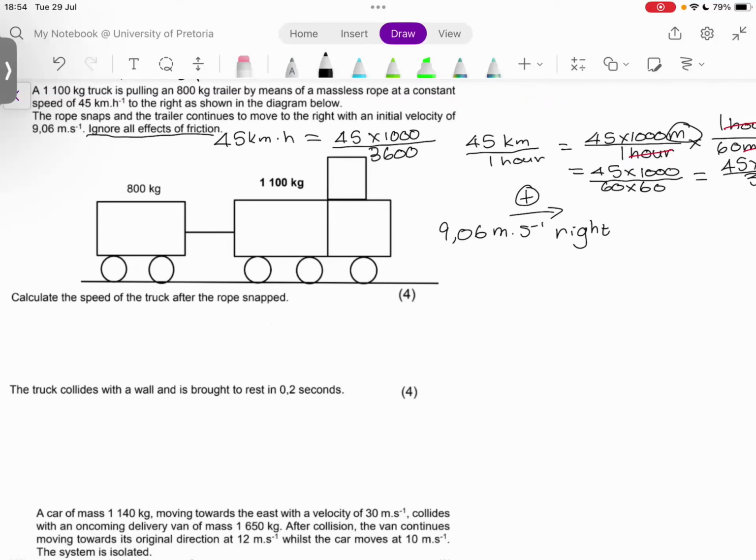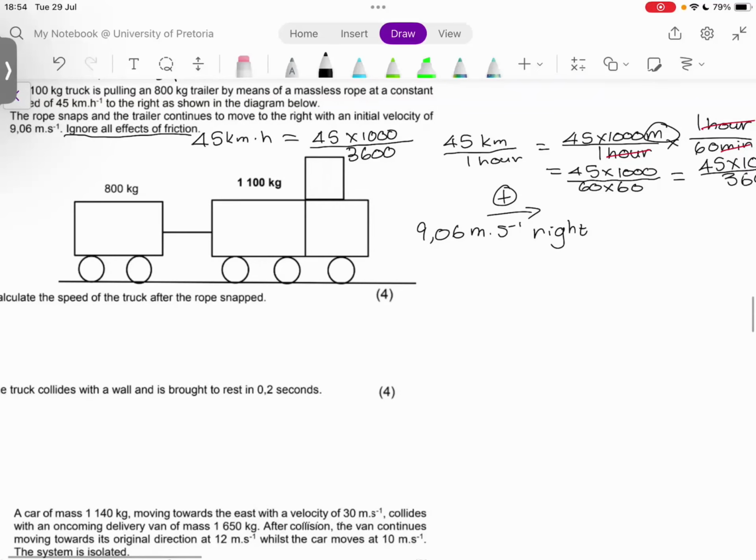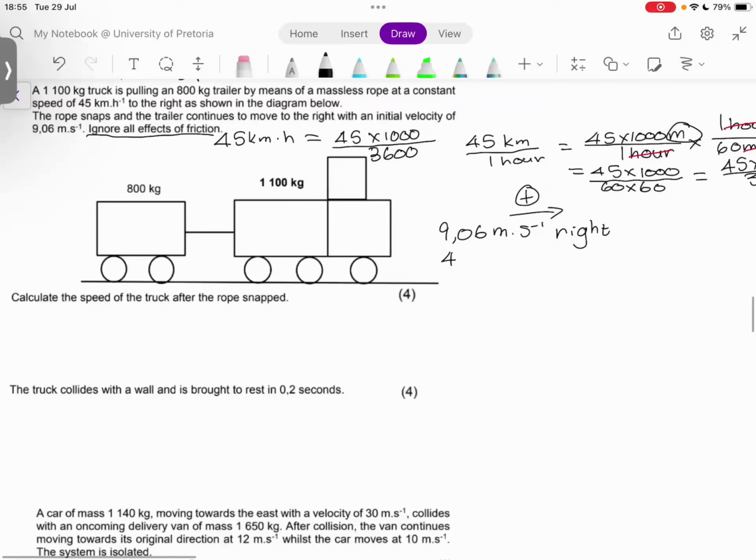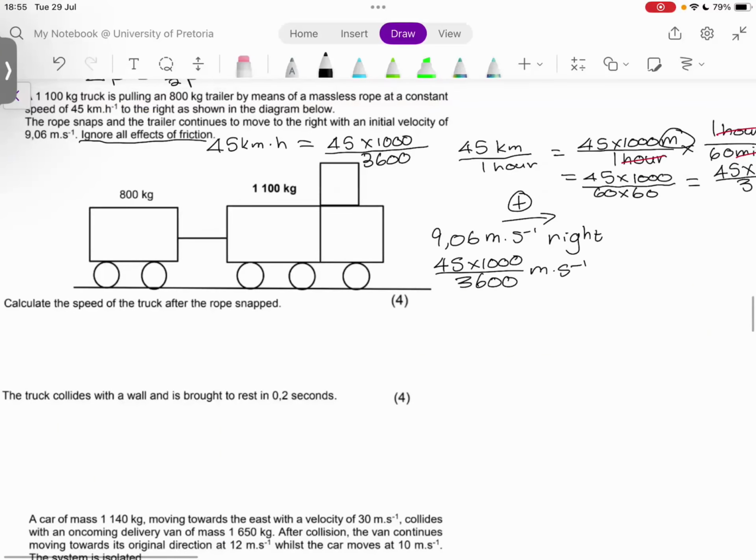And we have that speed, 45 kilometers per hour, as 45 times 1,000 over 3,600 meters per second, right as well.